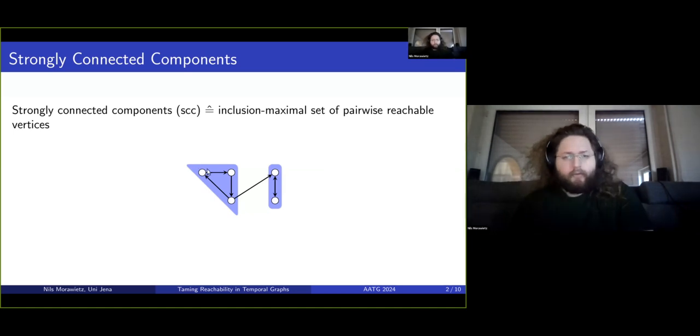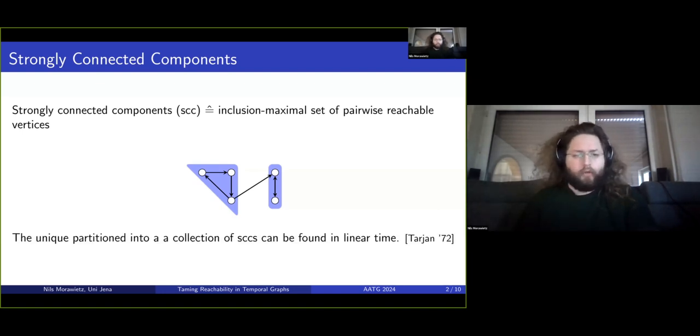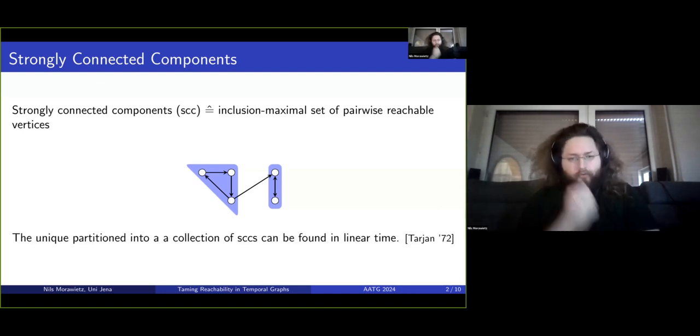On the left side, these three vertices can pairwise reach each other by going around this circle, starting from any point. On the right side, these two vertices can pairwise reach each other by this bidirectional edge. It is known that there is a unique partition of the vertex set into strongly connected components, and this partition can be found in linear time.